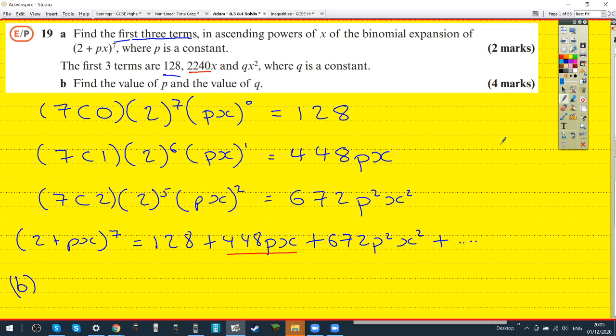So would you do 2240 minus 448? Well, basically our 448px should be 2240x. So those are the same thing. The first three terms are actually this, and so use that to find what p is.